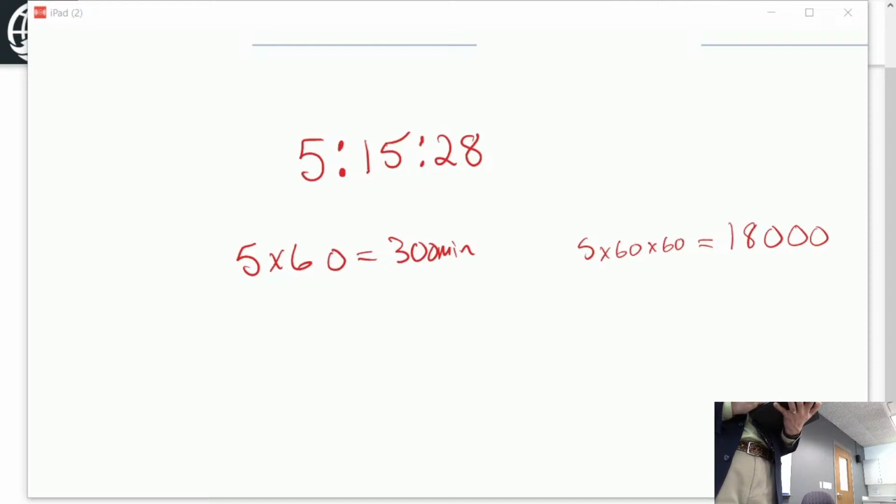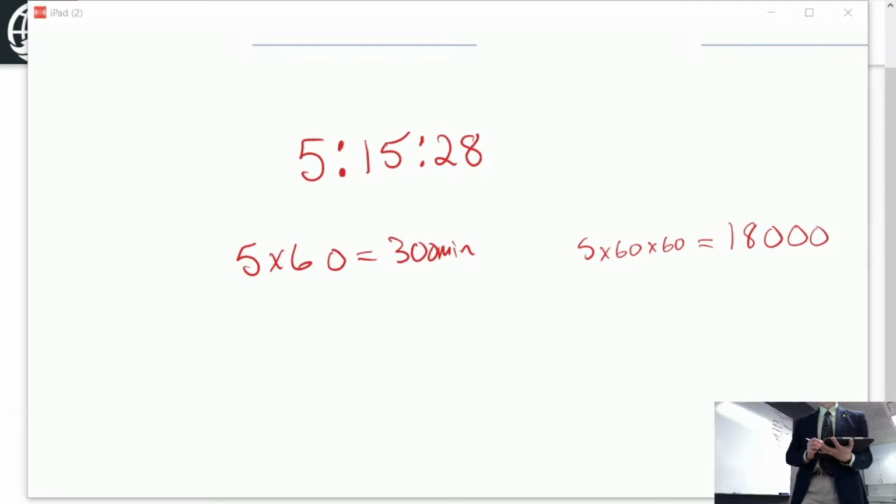Is that right? Is there another 0? Oh, I'm wrong? I have the right number of zeros even? Good, my mental calculator is still working.